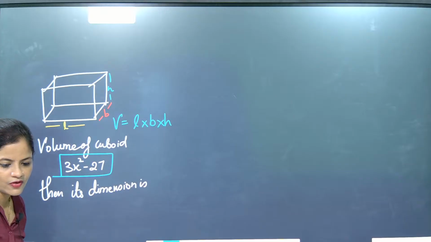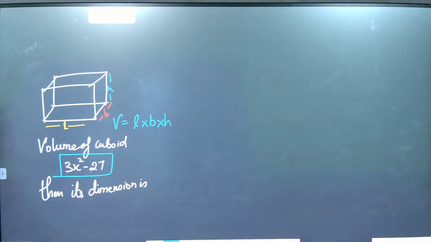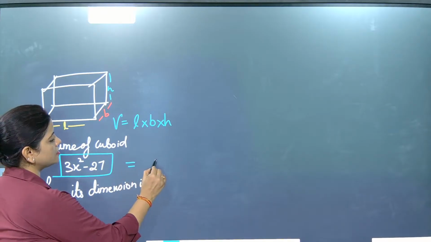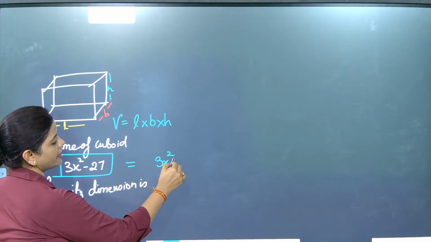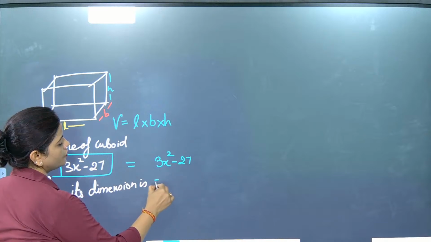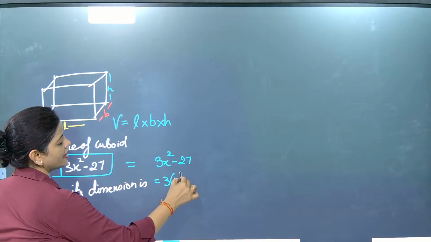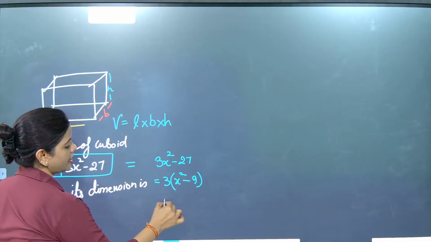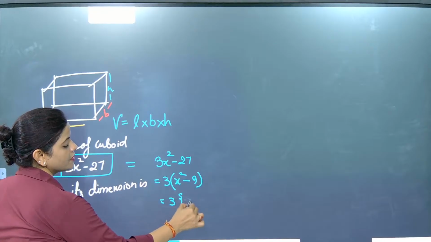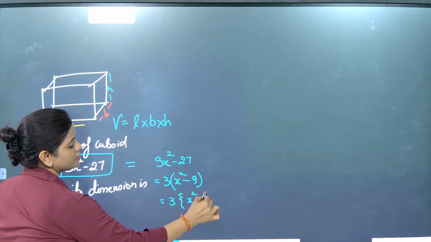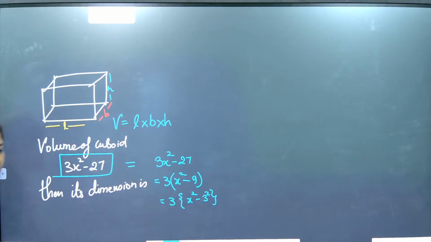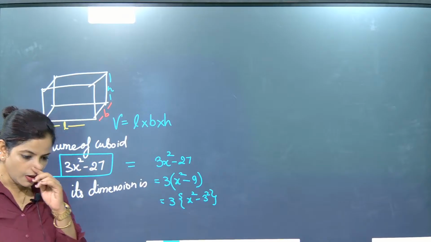You can take any one of the dimensions. Look here, first what will we do? It will become, beta, 3x square minus 27. So we take out 3, what is coming is x square minus 9. Now here it will become x square minus 3 whole square. Is it coming as x square minus 3 square?